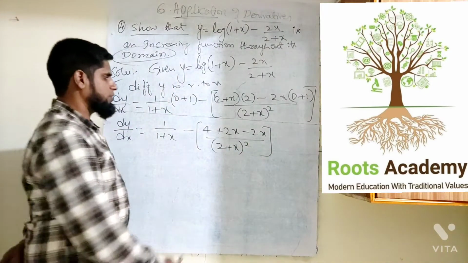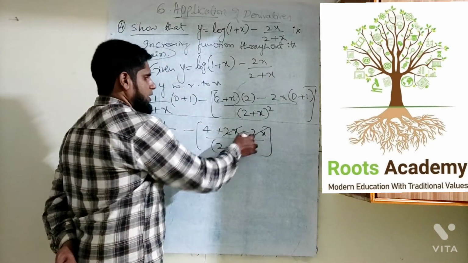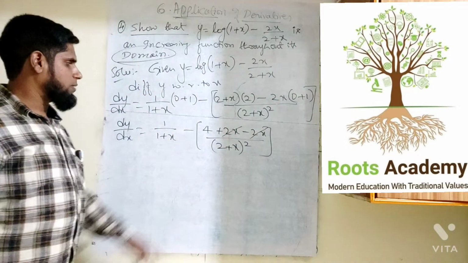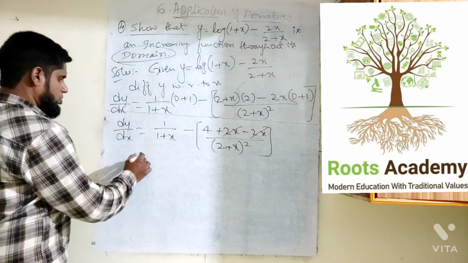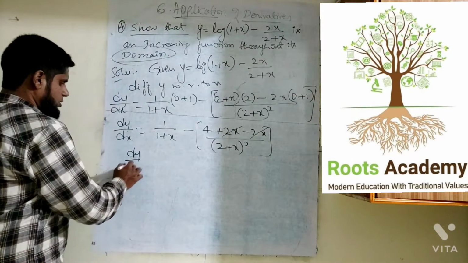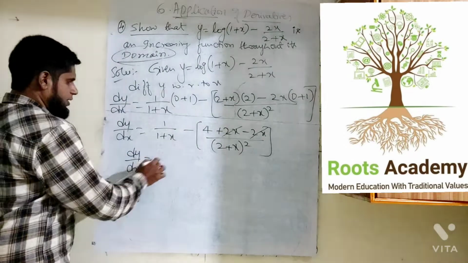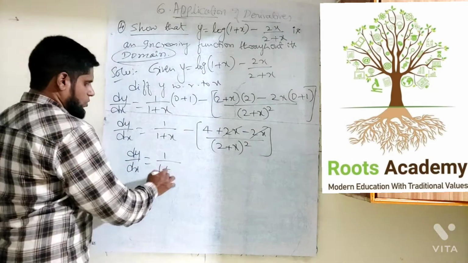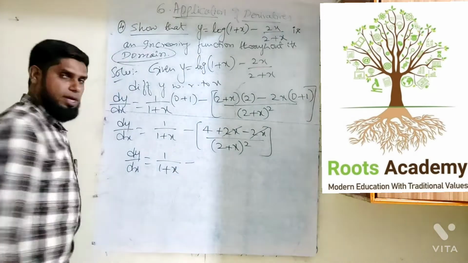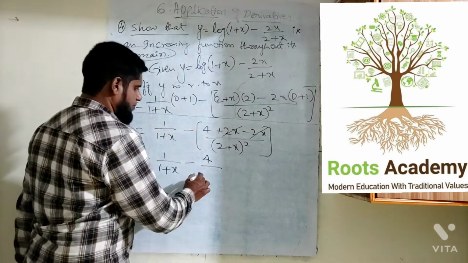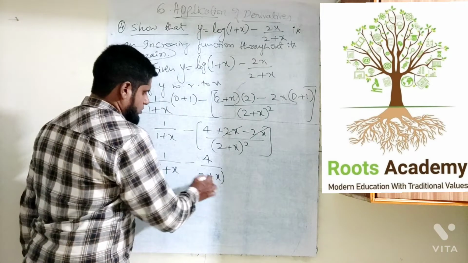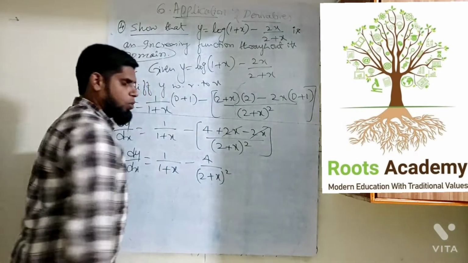So student, here in the numerator, plus and minus x gets cancelled. Plus 2x minus 2x gets cancelled. So at the end, my dy by dx is equals to 1 divided by 1 plus x minus 4 divided by 2 plus x whole square.